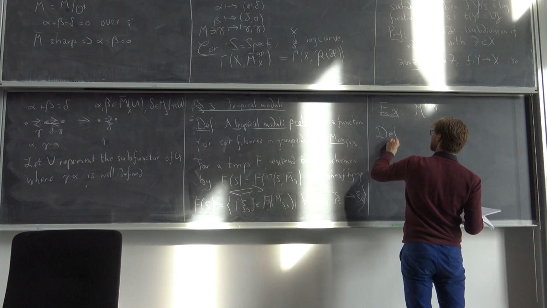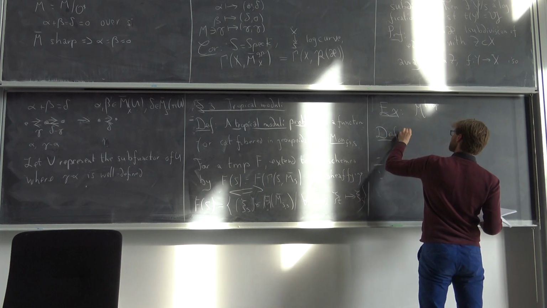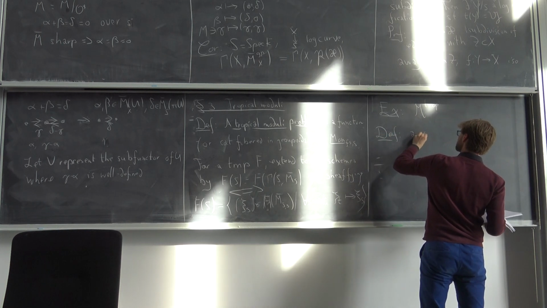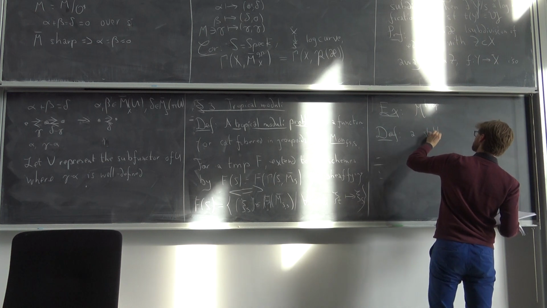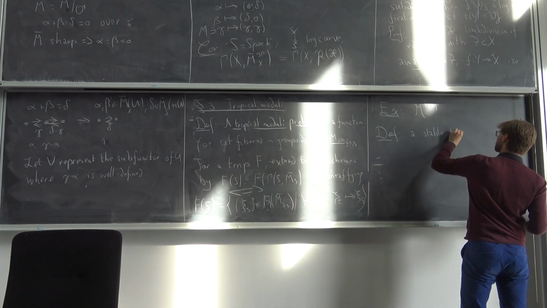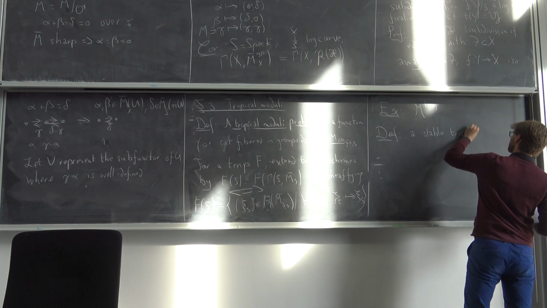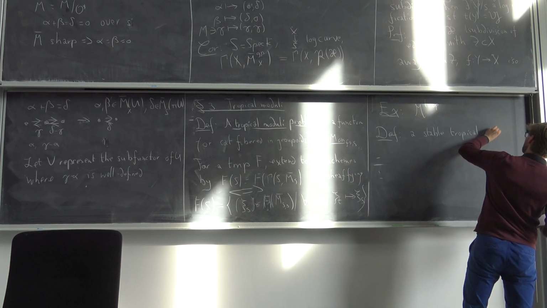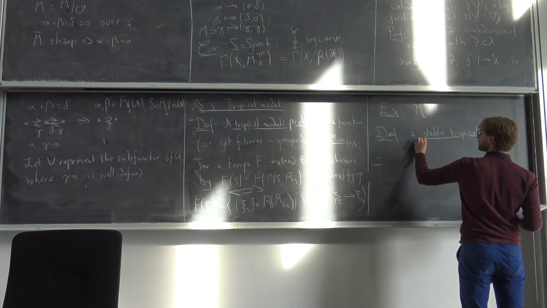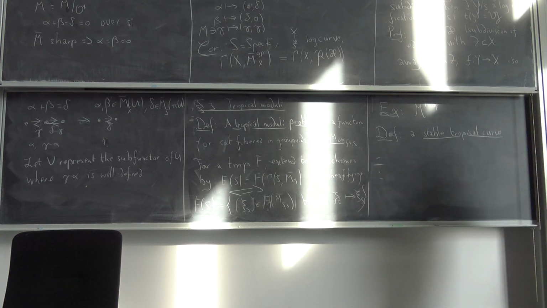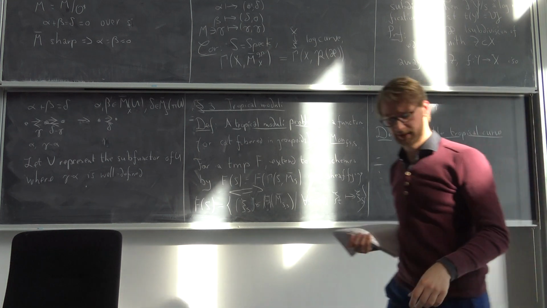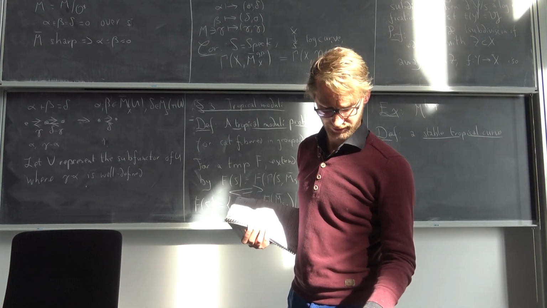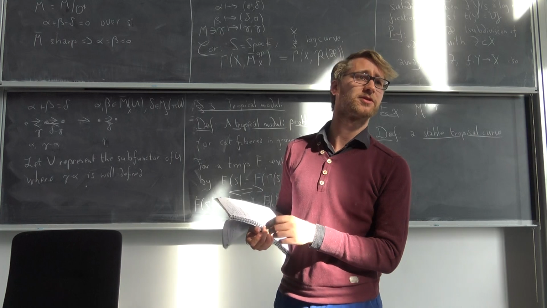So my definition of a stable tropical curve. I should say that from here on out I'll be using the paper of Cavalieri, Chan, Ulrich and Weiss, a moduli stack of stable curves.